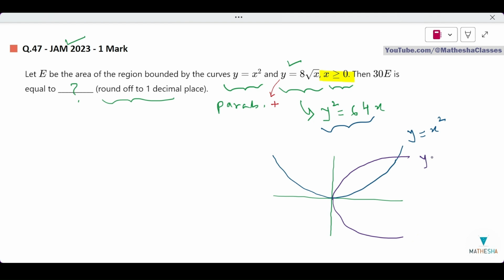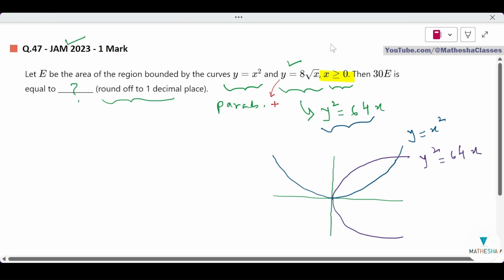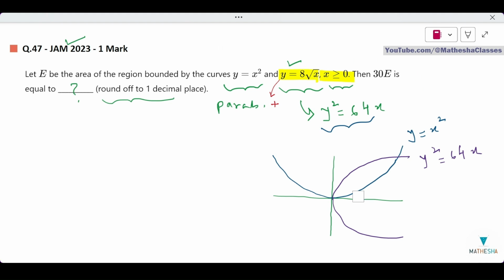So this is y square equal to 64x. But note carefully, here you have to consider the part for which y is giving you the positive value. So definitely here we are not going to consider the part that is lying below x-axis.